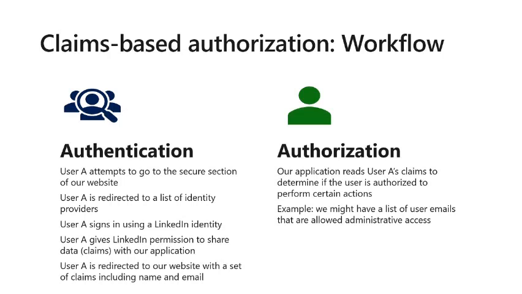Then the user is redirected to our website with those claims, and now our application reads user A's claims to determine if the user is authorized to perform certain actions.